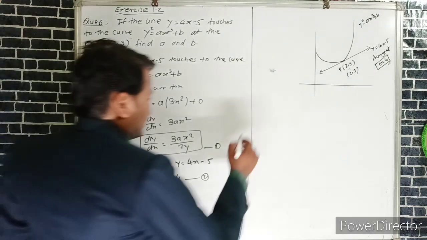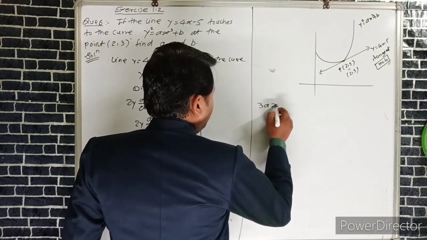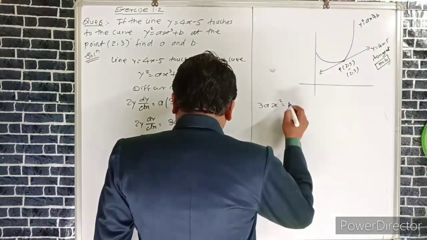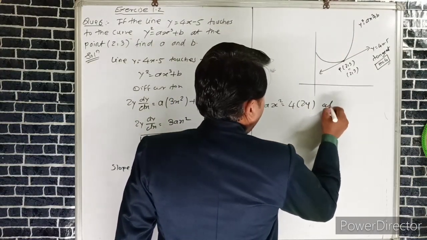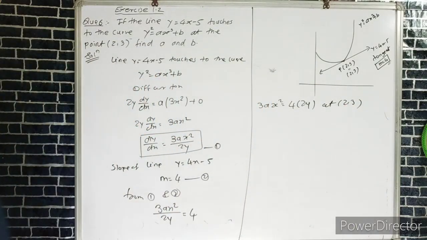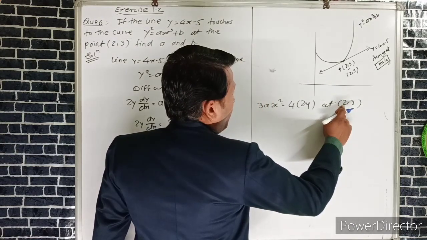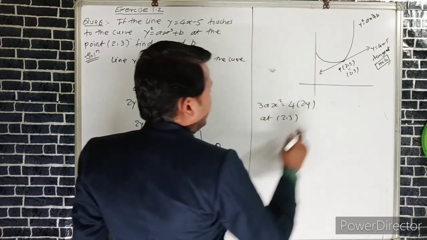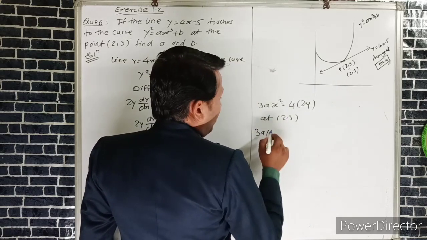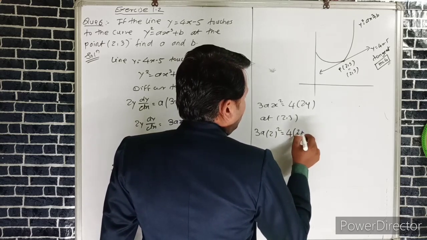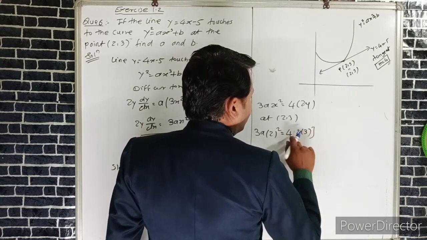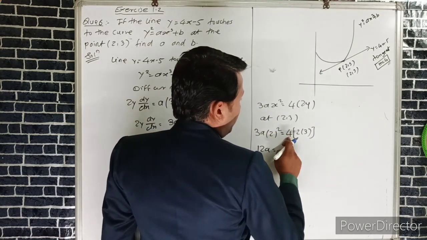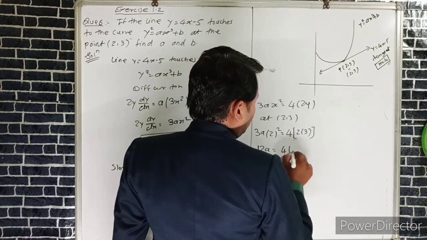Hence we can write 3ax² = 4 × 2y, taking the 2y to the right side. At the point (2, 3), x coordinate is 2 and y coordinate is 3. Putting x = 2 and y = 3, we get 3a × 2² = 4 × 2 × 3. So 2² is 4, 4 × 3 is 12, so 12a = 4 × 6.